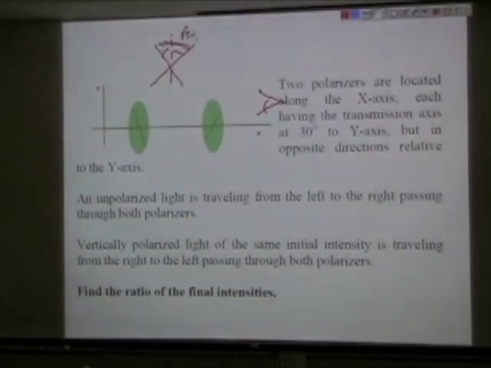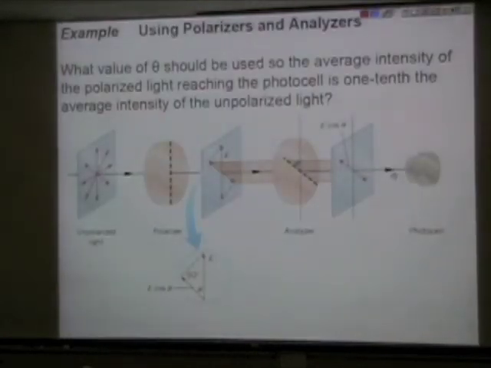So the total angle is 60 degrees. It's very important sometimes to choose the right way to look at the system. Well, so we'll answer this.